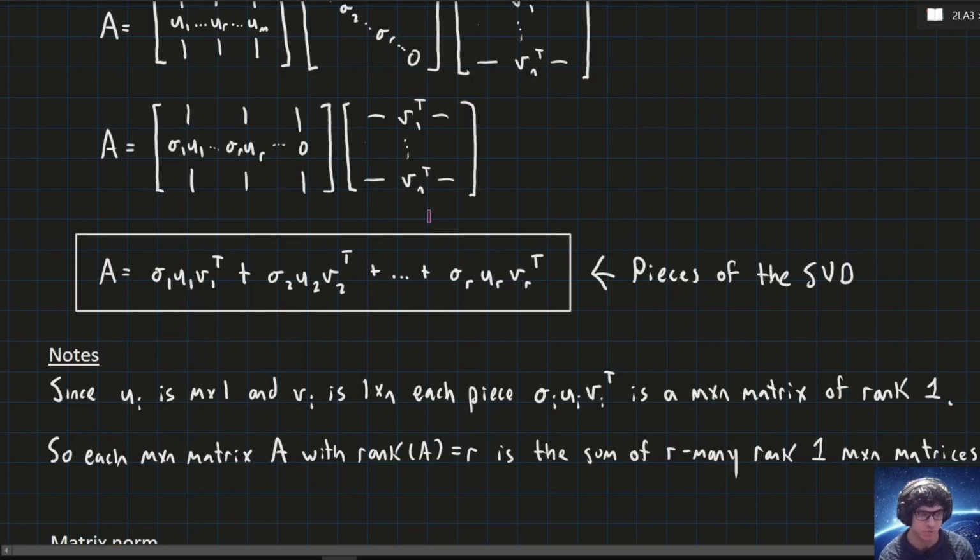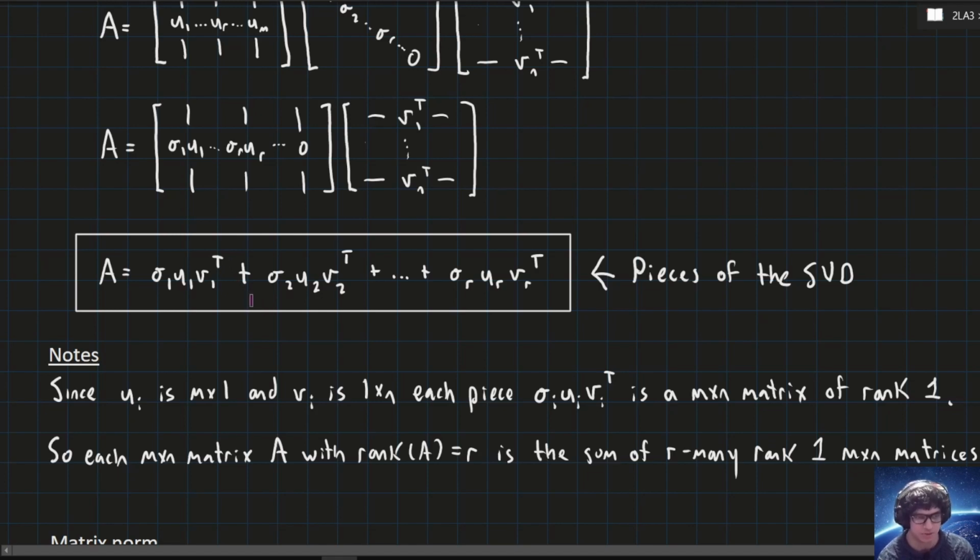So now I'll make two important observations about the pieces of A. If we look at each u_i, it's an m by 1 vector, and each v_i transpose is a 1 by n vector.